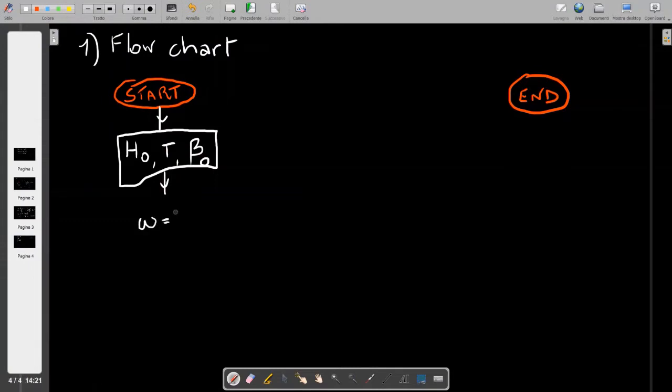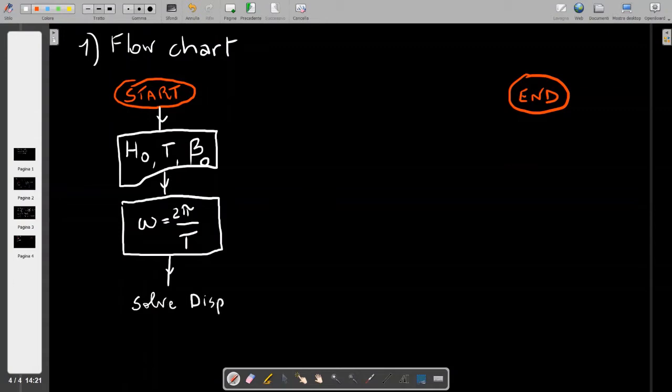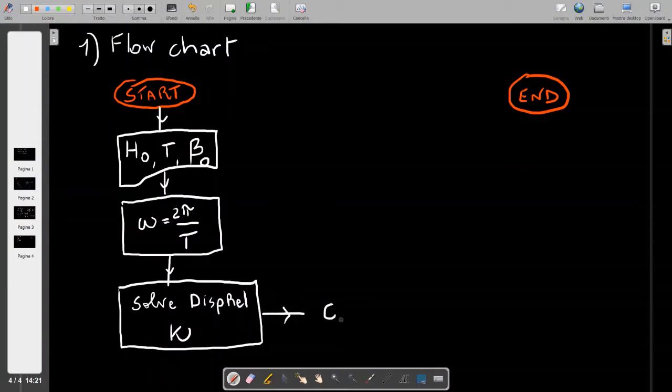First of all, we compute omega, 2 pi over T. And this is the second operation. Then we need to solve the dispersion relationship to get k. Then we compute the wave celerity in O. Then we get the wave celerity that is equal to omega over kO.